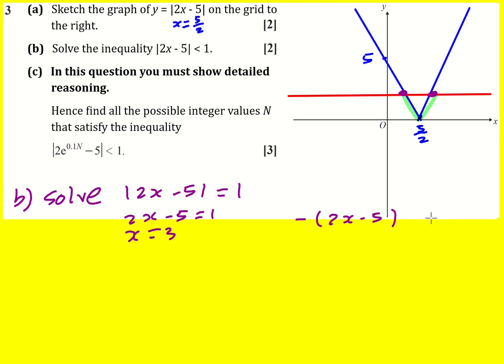That's going to be this point here, equal to 1. So 2x minus 5 is going to equal minus 1, 2x equals 4, x equals 2. And therefore, for my inequality, it's going to be 2 less than x less than 3.